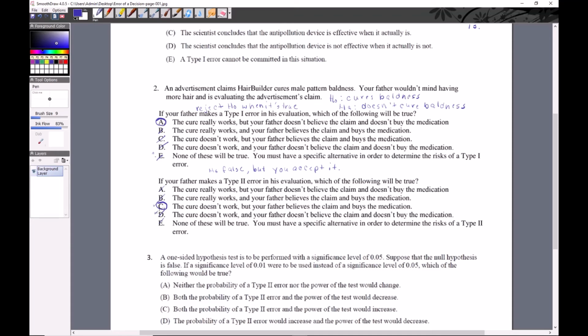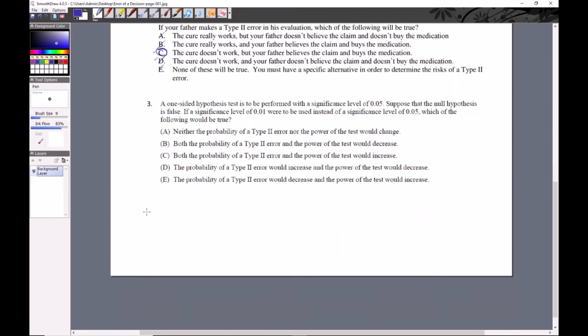All right? Okay. Let's see what we've got for number 3. A one-sided hypothesis test is performed with a significance level of 0.05. Now remember, that's alpha. Suppose that the null hypothesis is false, right?